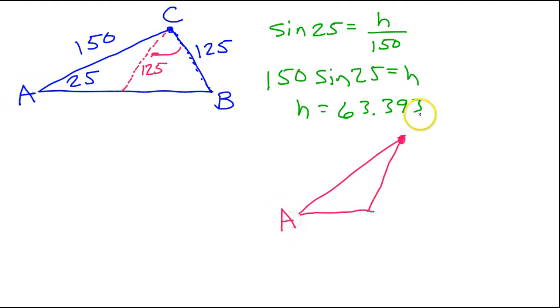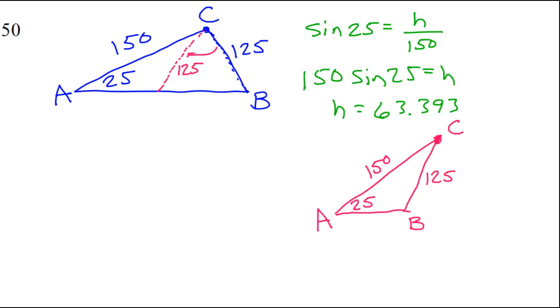That would be my A and my C right there. But my B, instead of being here, now my B is here. Okay, and so my two sides are 150 here, and this would be that 125 we were talking about. And the angle A is 25. Okay, so these are the two triangles that I need to solve.